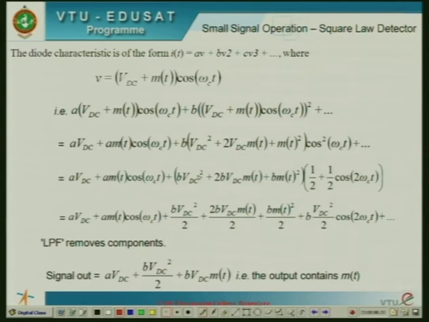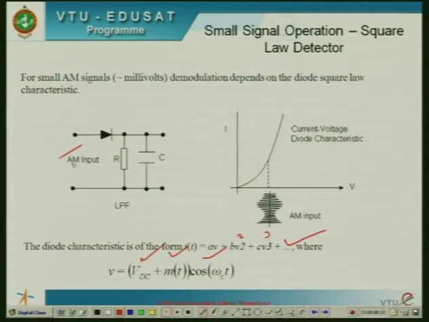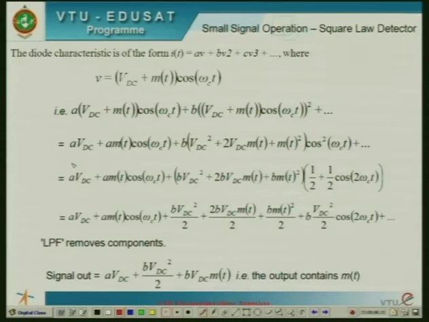Once we apply an input to a diode, because the relationship between voltage and current is non-linear and related by a square law model, we generate an equation, and this is the equation. From this equation we have extracted multiple components, we discard the first component, the second component and all the other components, and we retain only these.